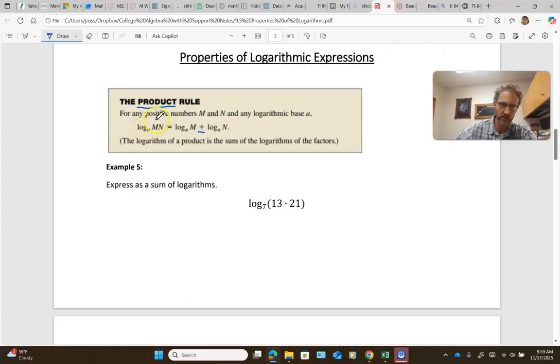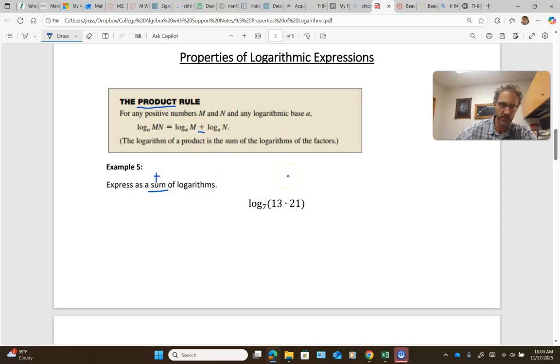Okay, so in other words, if you're taking the logarithm of a product, then you can separate that into two or more logarithms by separating the factors of this product. Okay, m times n. And so example 5 says express as a sum of logarithms. Well, that word sum connotes addition.